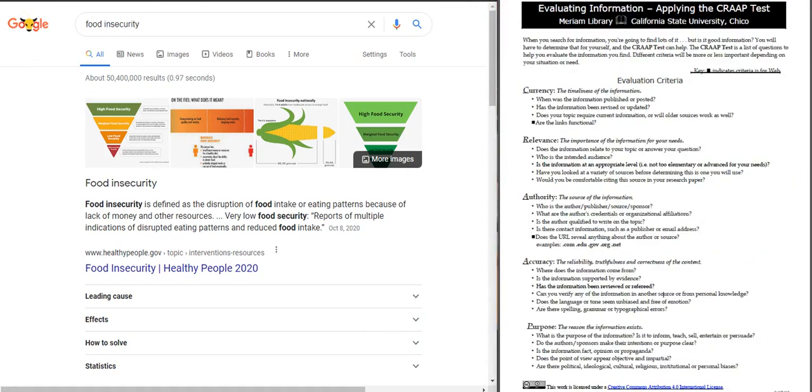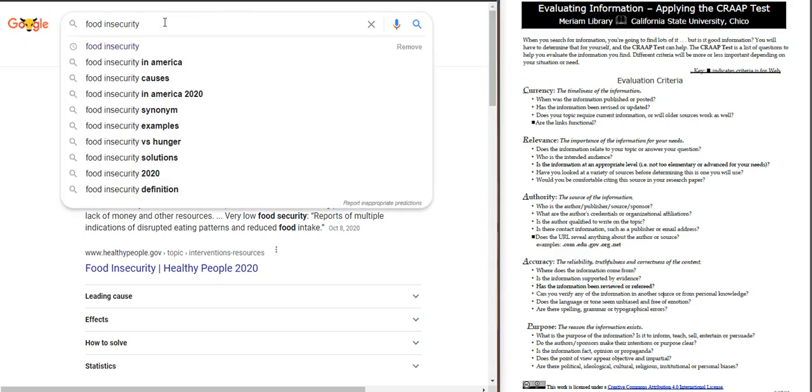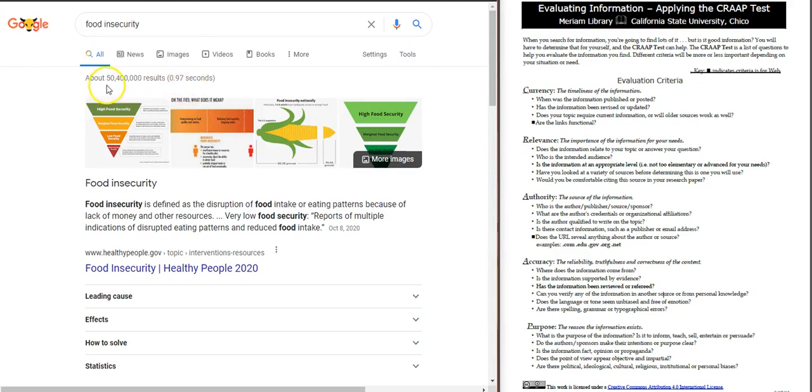All right, so I have my CRAAP test evaluation criteria on the right-hand side, and I am looking at Google, and I just typed in food insecurity and searched. So I have over 50 million search results.